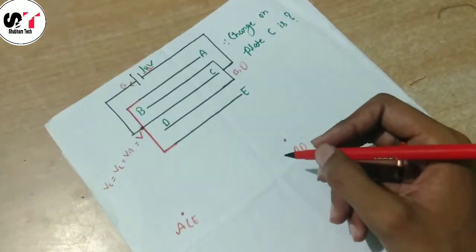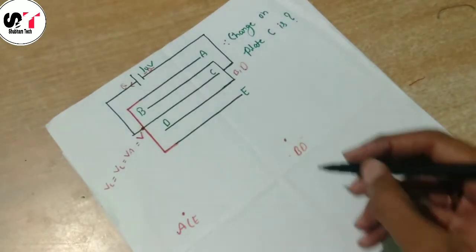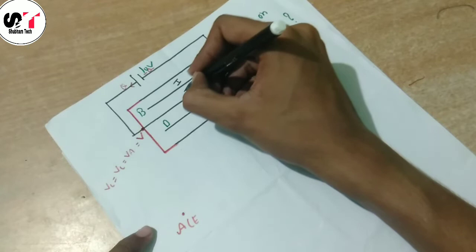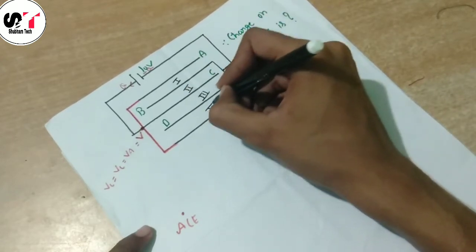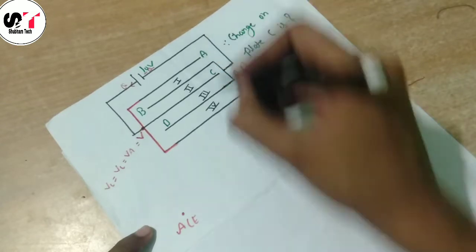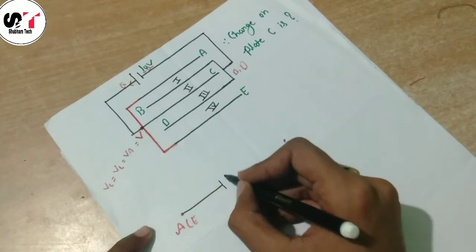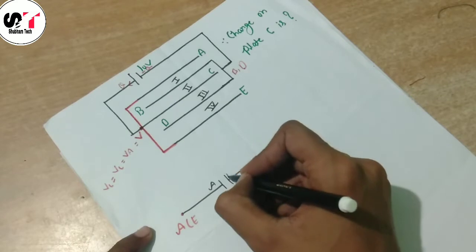Now one capacitor is formed here, second is here, third between C and D, and fourth is here. First capacitor is formed between A and B. This is plate A, this is plate B.